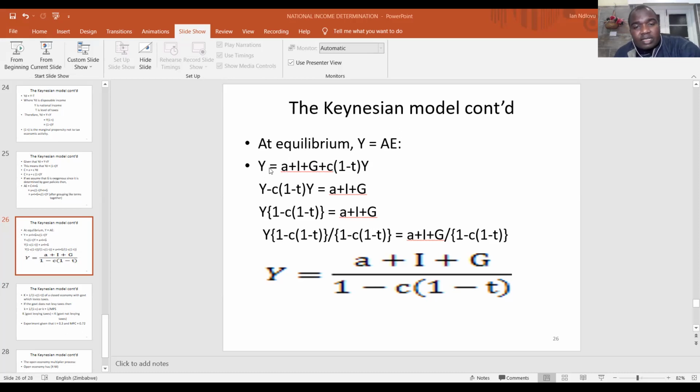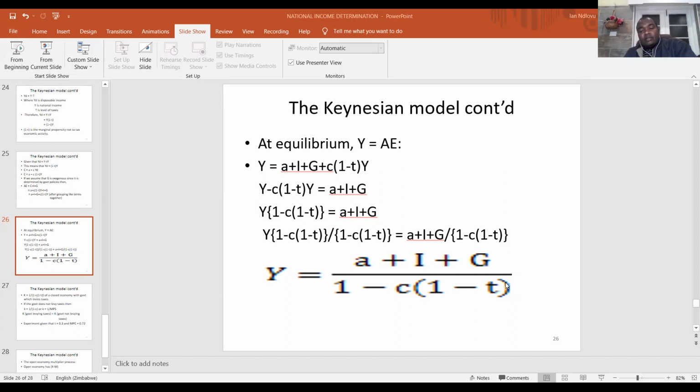It crosses the equal sign and acquires a negative sign as minus c, open brackets, 1 minus t, factor of Y. And then if we factorize Y, we get Y, curly bracket, 1 minus c factor of 1 minus t, equals a plus I plus G. So after doing our mathematics, we realize that capital letter Y is equal to a plus I plus G multiplied by 1 over 1 minus c factor of 1 minus t.